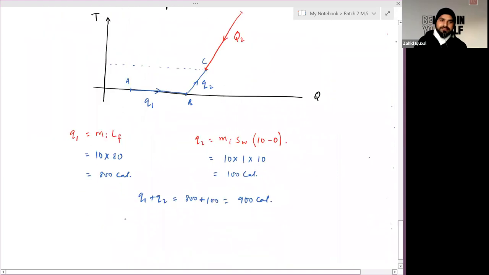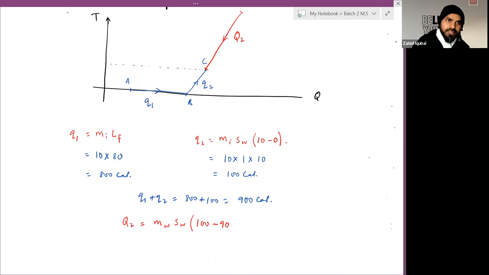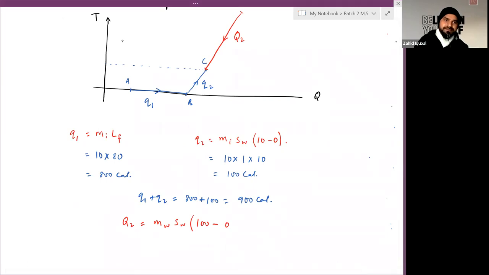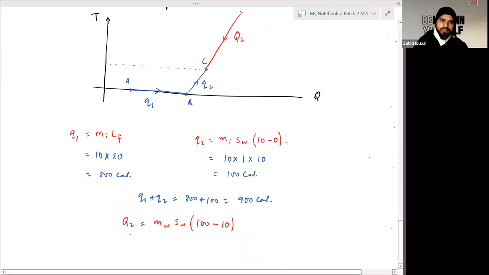So for the second part, Q2 equals mass of water, specific heat capacity of water, and change in temperature. Initially, it is at 100 degrees Celsius, and finally, it will reach 10 degrees Celsius for equilibrium. Q2 is given, the specific heat capacity of water is also given, so you have to calculate the mass of water required.